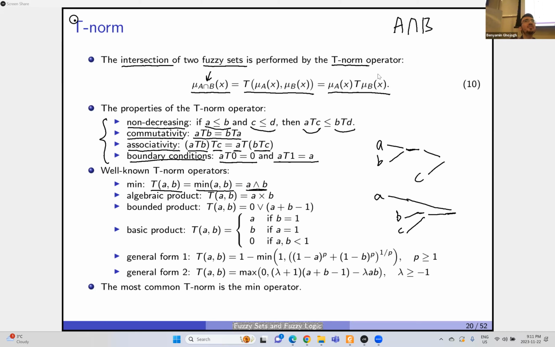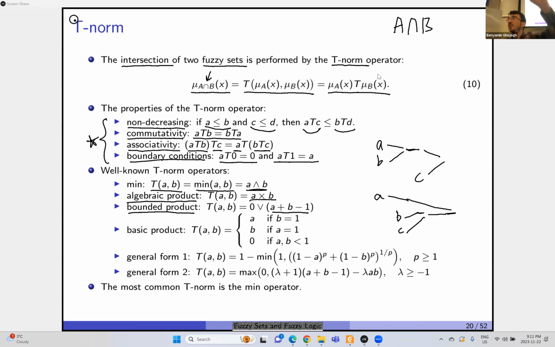There are a bunch of other T-norms too. First off, they all satisfy these four properties, and they carry the intuition of a lower bound. Let's see. Algebraic product: you can see it as A times B. Bounded product: you can see it as A plus B minus 1.